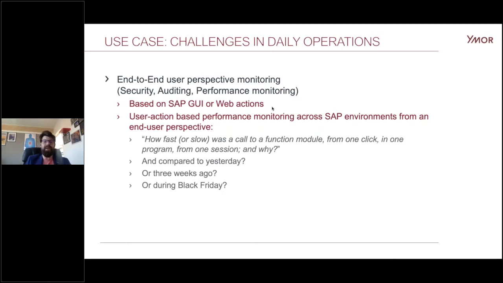All of these questions can be answered because we can slice and dice and correlate data from SAP within the Splunk environment. And also, this data can be compared to yesterday or a couple of weeks ago, or for retailers, even Black Friday. How is this compared to the heaviest Friday you will most likely have during the year?